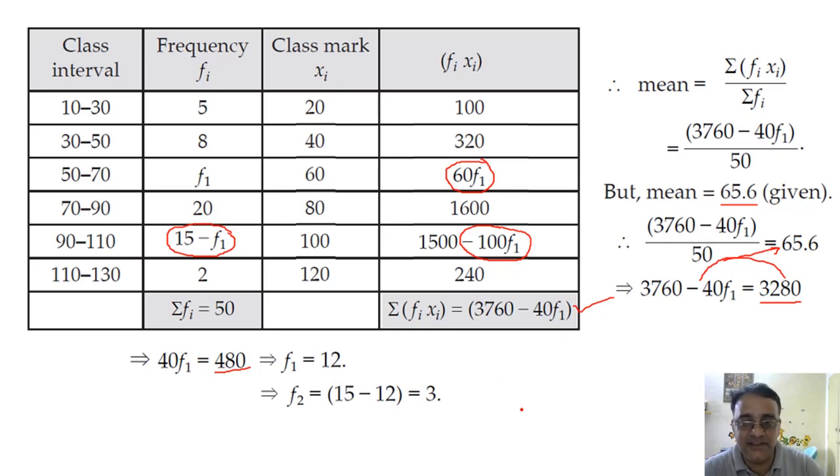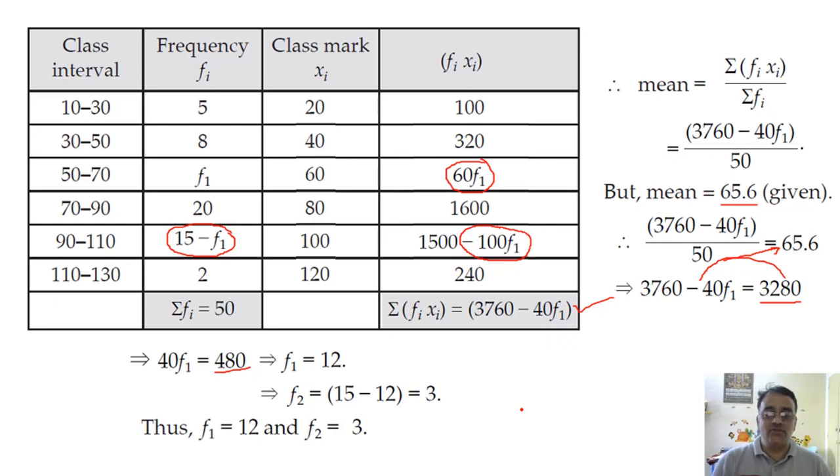So how are you feeling about this method? This is direct method. Hence f1 is equal to 12 and f2 is equal to 3. Only thing is that you change the second frequency in terms of first frequency. तो यहाँ पे एक ही वेरिएबल मिलेगा पूरा सॉल्व करते समय.